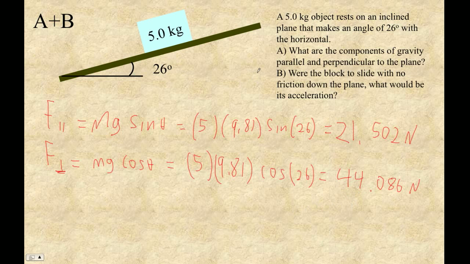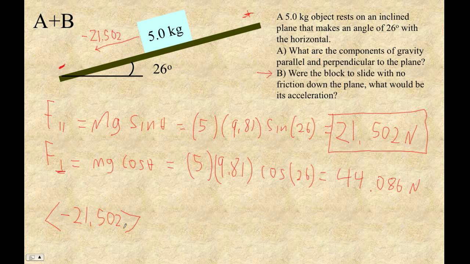Then part B says, if it were to slide with no friction down the plane and no other force acting on it, then this force here is the only force acting on this thing along the plane. So 21.502 newtons is acting down the plane, and we always make down the plane negative, up the plane positive. So I'm going to make that a negative force.